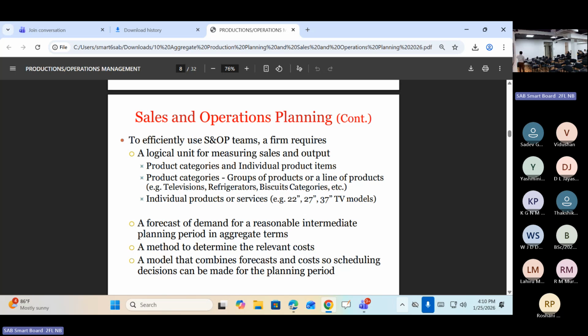Say, for example, a manufacturer like Singer in Colombo. Unfortunately, most of them do not produce products like televisions here; they import certain components of the ready-made products. Let's say Singer assembles refrigerators of various sizes, various capacities.